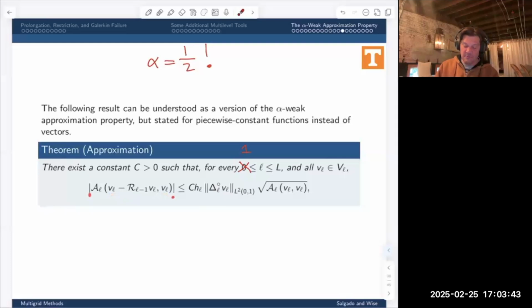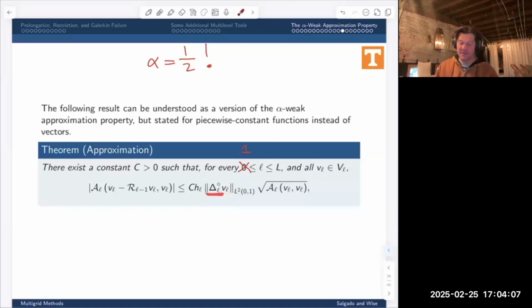Take absolute value. That's less than this constant, which is L independent, times HL. That's the only real H or L dependence. Well, there's L dependence over here as well, but there's no L dependence in C, let me say. HL times this discrete Laplacian operator acting on VL.